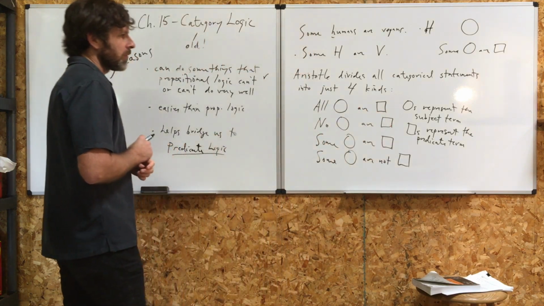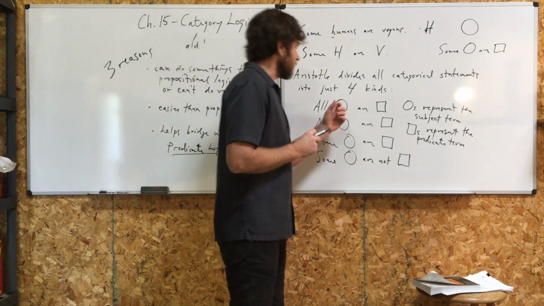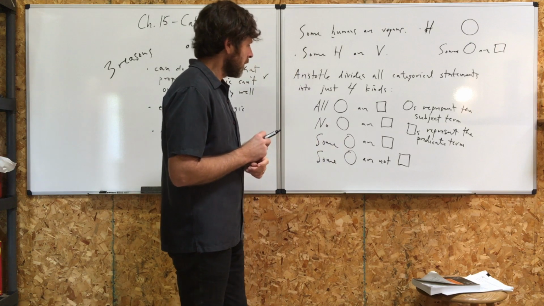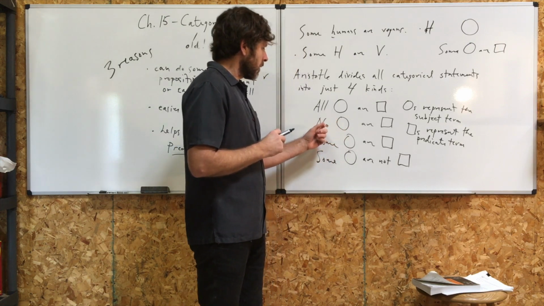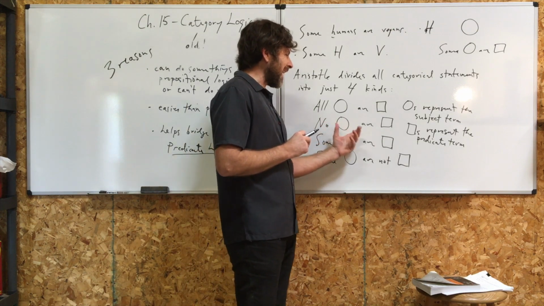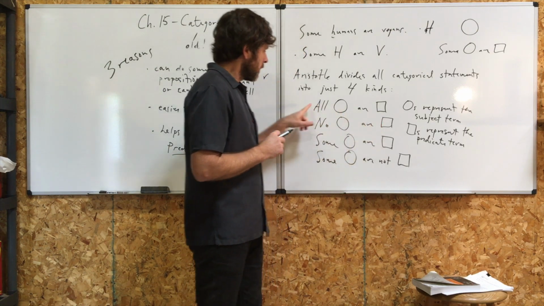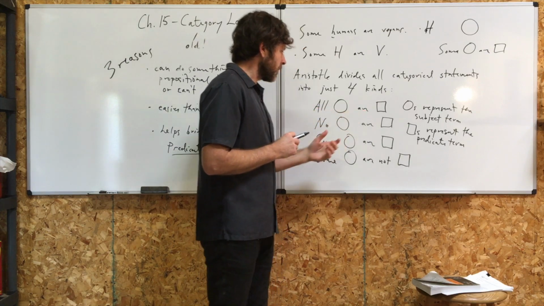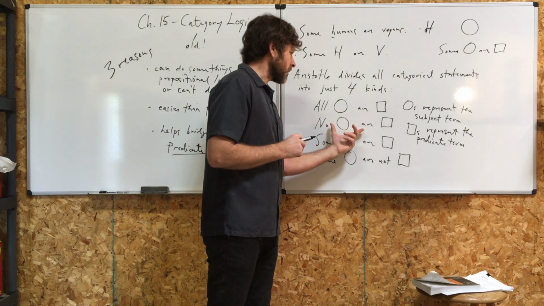All gorillas are vegetarians. So the subject term is included in the predicate term. Here, no circles are squares. You're saying every member of the subject term is excluded. So this first statement here is inclusive. This is exclusive, you could say.